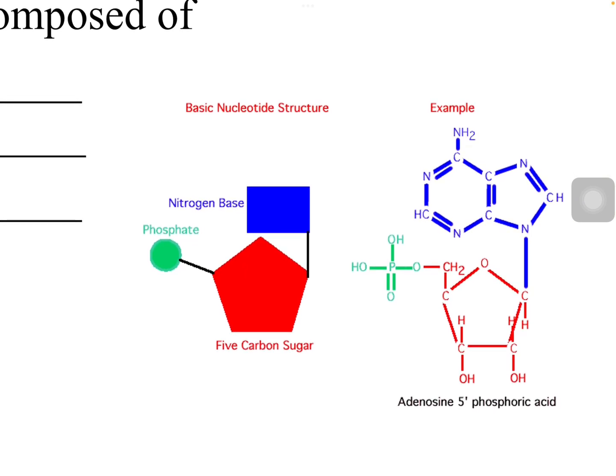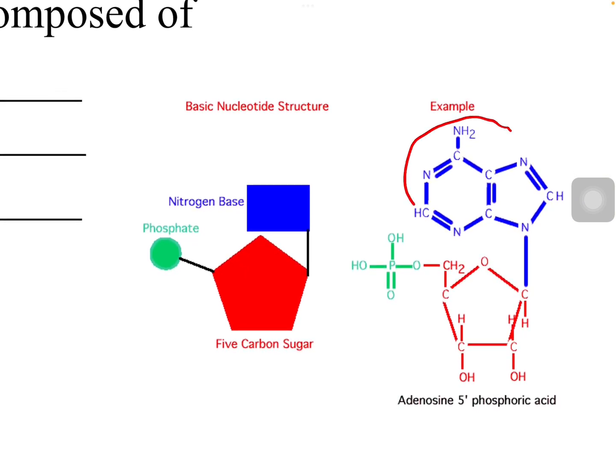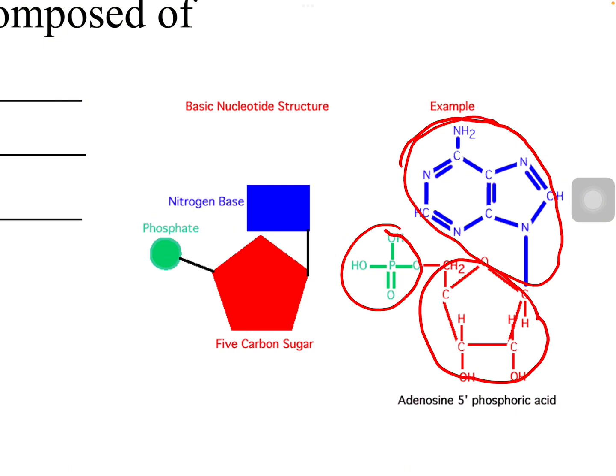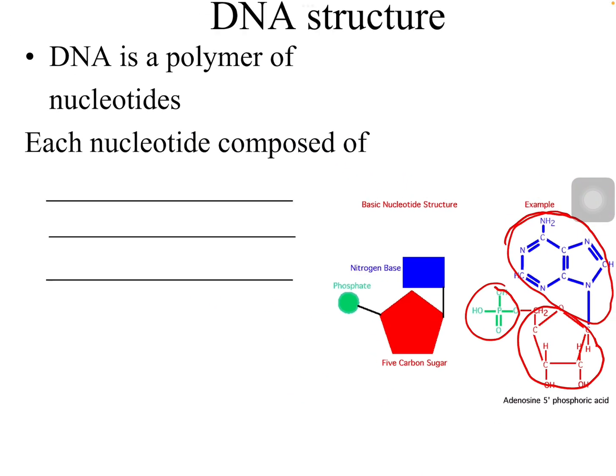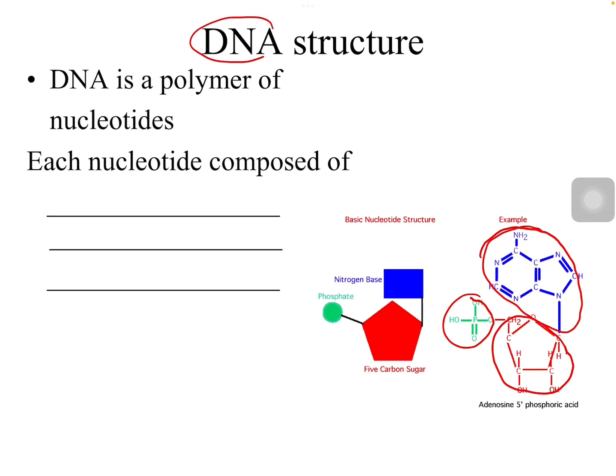As you know, class, we got a nitrogen base, which is this side. A phosphate, as well as our 5-carbon sugar. Since we are dealing with DNA, we call the sugar that is connected to our basic nucleotide structure a deoxyribose. Okay?